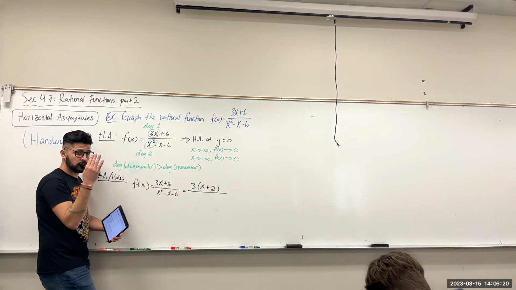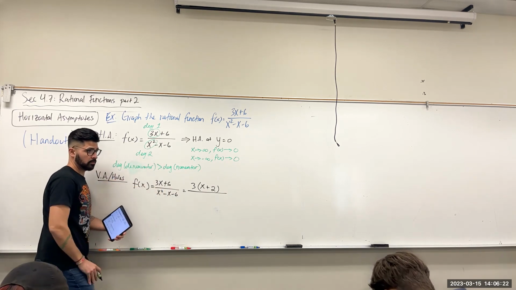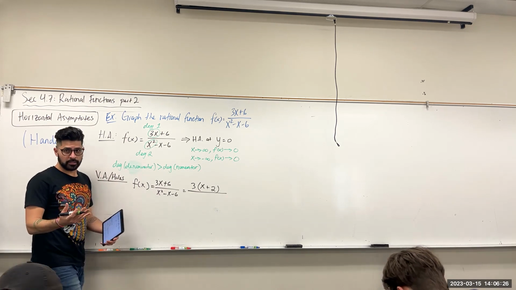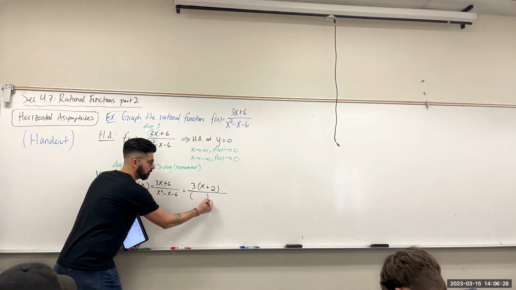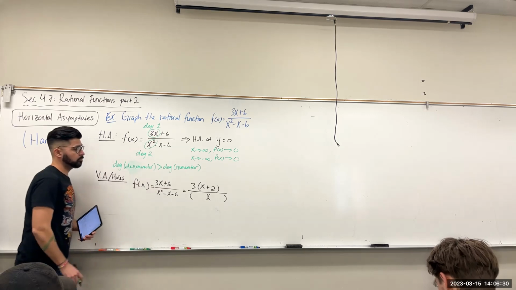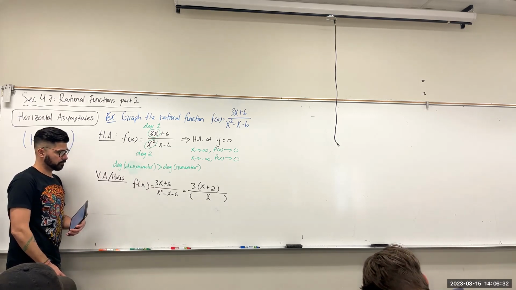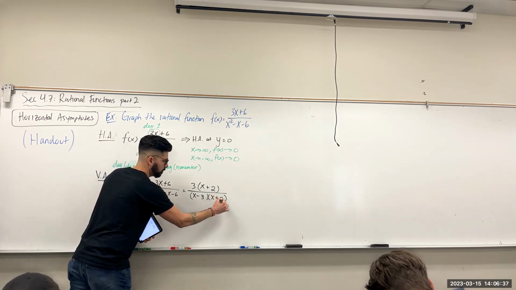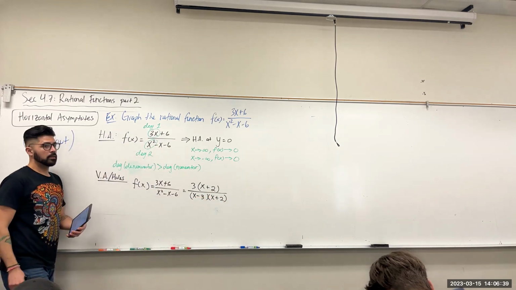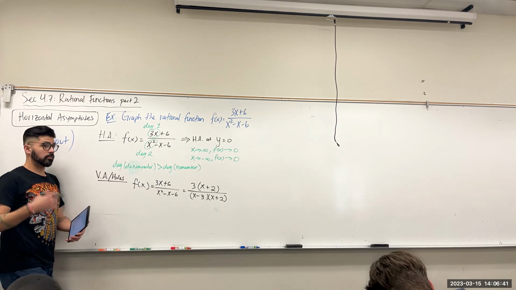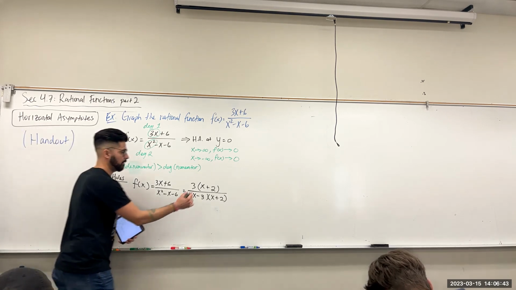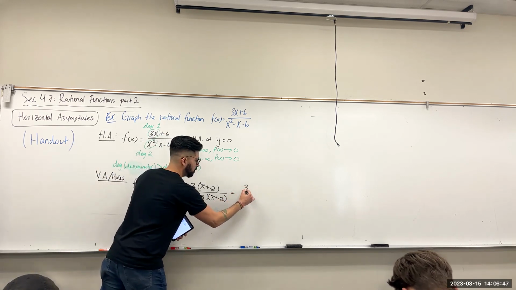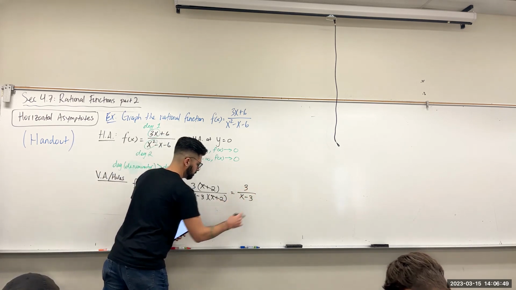When there's 3 terms, it's a trinomial. When you see a trinomial, you want to think of a different type of factoring. What 2 terms can this factor into? Is there cancellation? Yep, there's cancellation, so there are going to be holes. Once this cancels, I end up with 3 over x minus 3.